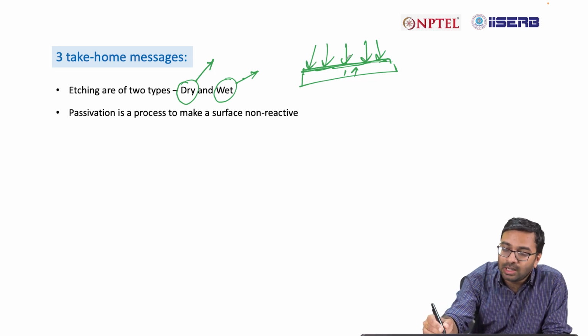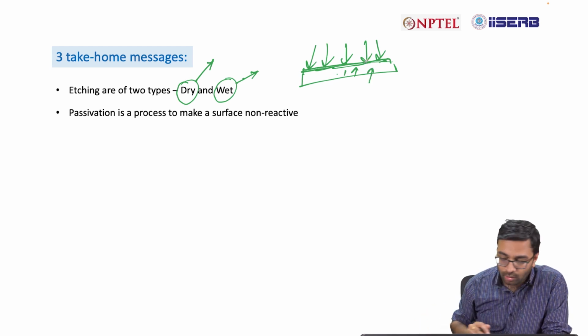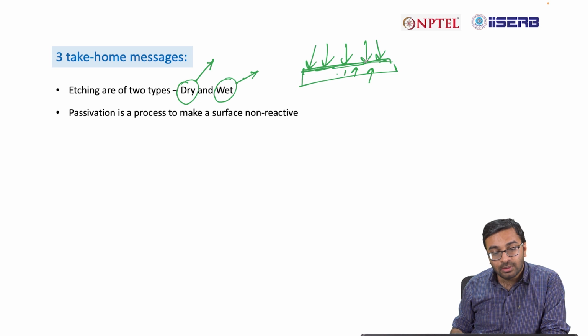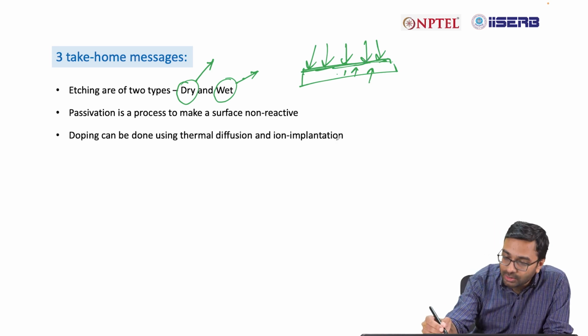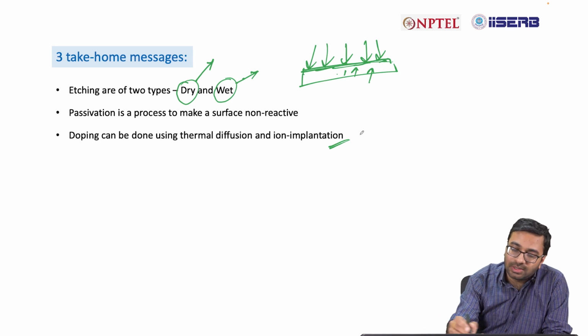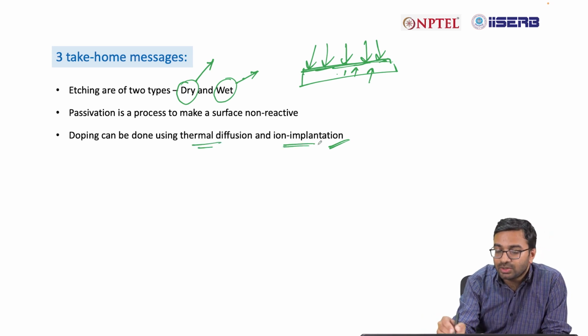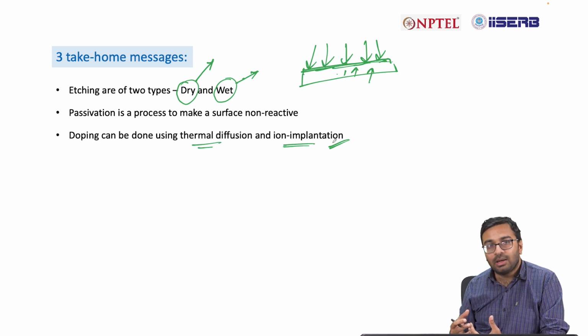It will not come in contact with the actual material, and hence the thin film material will be protected. This is what we call passivation. Then doping can be done using thermal diffusion and ion implantation. We have discussed what is thermal diffusion, what is ion implantation in brief, so that you get an idea about the doping process as well.